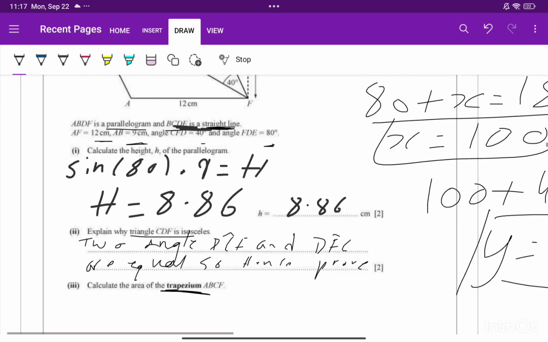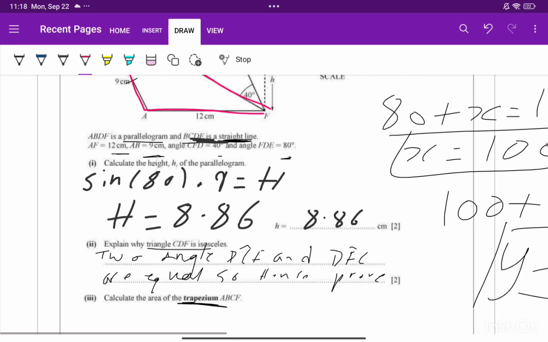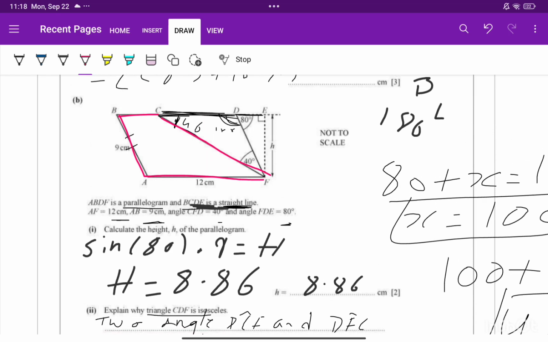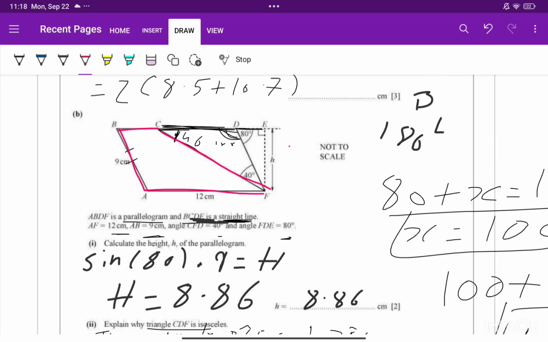Okay, calculate the area of trapezium ABCF. Okay, ABCF. So they are talking about this. So they want the area of the trapezium. We calculated the height, 8.86.